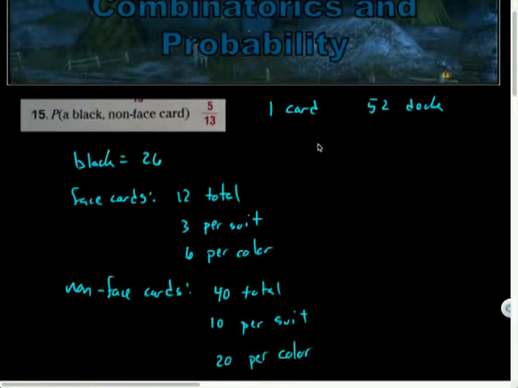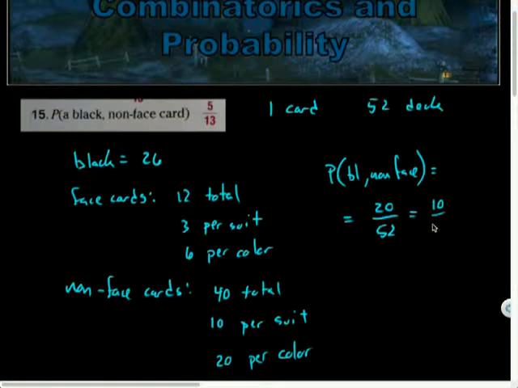So in order to answer this question, the probability of black non-face cards, that's what I'm looking for in my numerator. Non-face would be 20 out of the 52 total, and both of those are divisible by 2. 10 over 26.